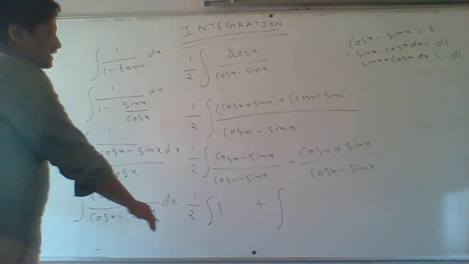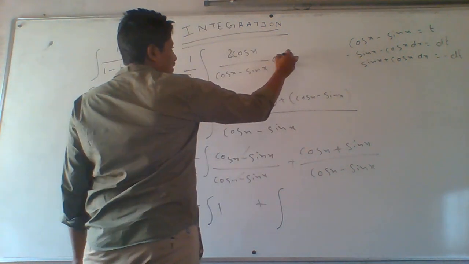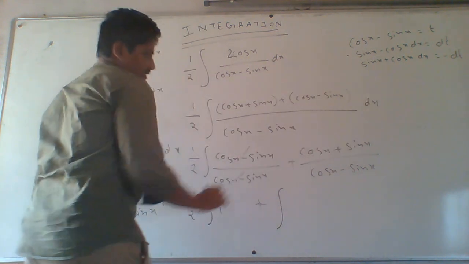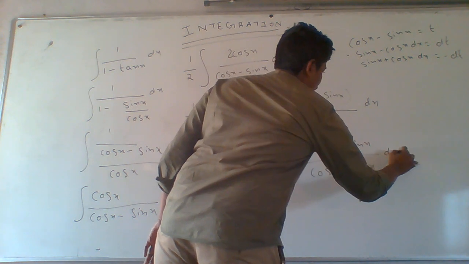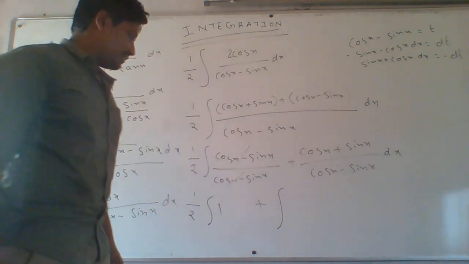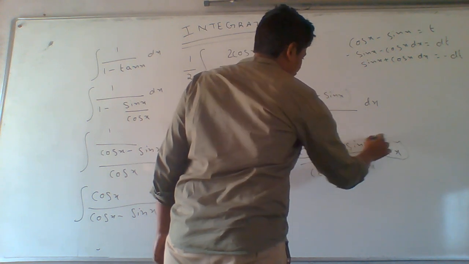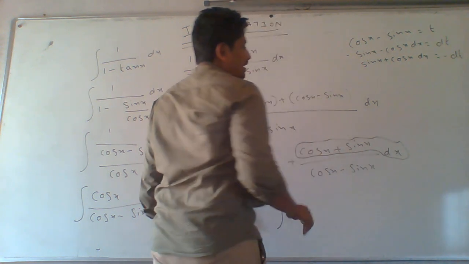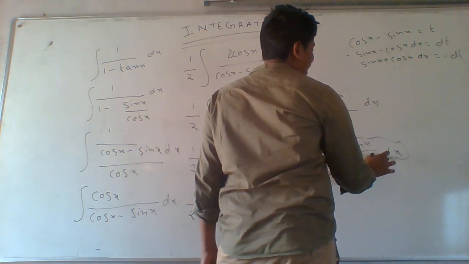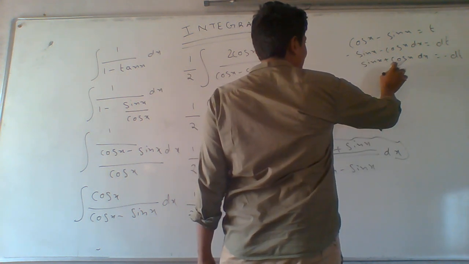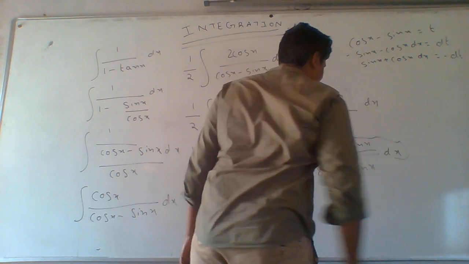See, if dx was carrying forward, dx, here also dx. Okay. Now see here, while solving this particular thing, we require the substitution method. In the place of sin x plus cos x into dx, we can put minus dt.